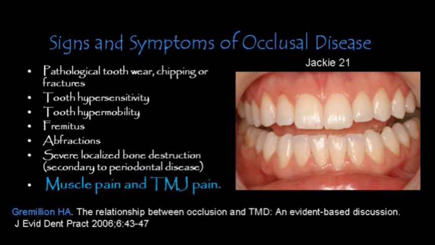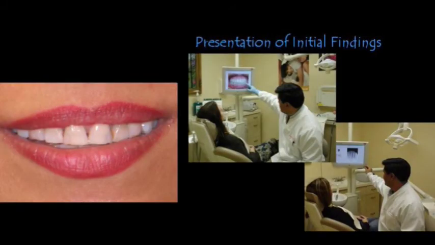In order for us to assess which type of pain it is, the phase 2 diagnosis is indispensable. And with proper phase 2 diagnosis, we can easily assess whether the pain is coming from the joint or is a muscle pain. So that's it. Those are the 7 signs and symptoms of occlusal disease.